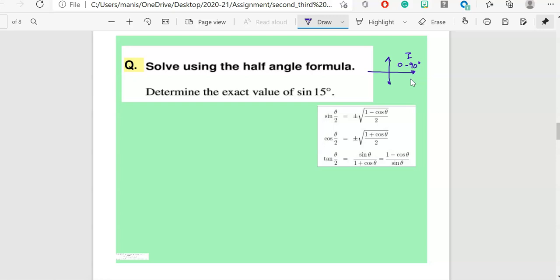So we will use the formula sine theta over 2 is equal to plus square root of 1 minus cosine theta over 2, since it is in the first quadrant. We are using the plus one. So this is the formula we will be using.